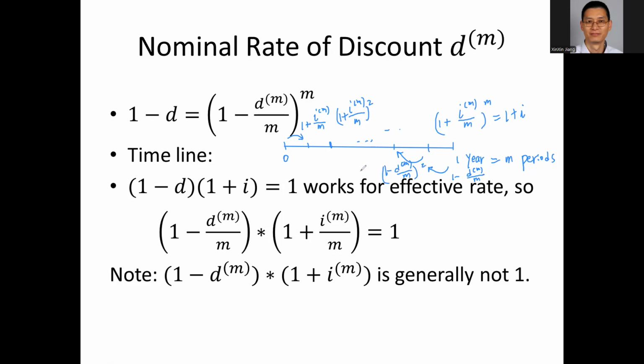And you discount back until you get (1 minus d super m over m) to the m minus 1. And then finally, at this point, you would have (1 minus d super m over m) to the m, which is exactly 1 minus d.